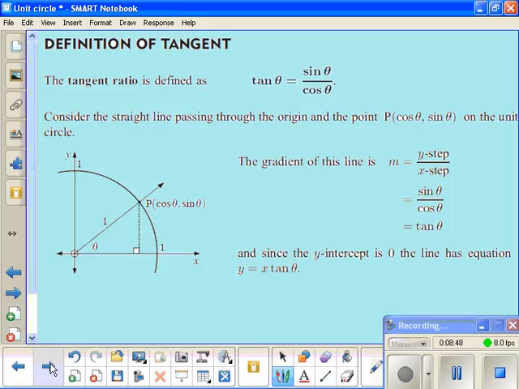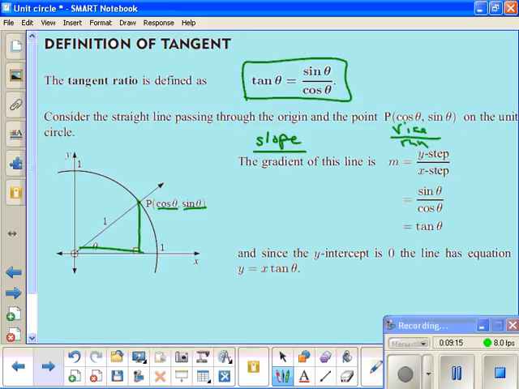Continuing. Definition of tangent. That relationship we've already pointed out. One other thing you might also want to realize is it's rise over run. We know rise over run is slope. Well, if you take rise over run, isn't the rise the sine and the run the cosine?